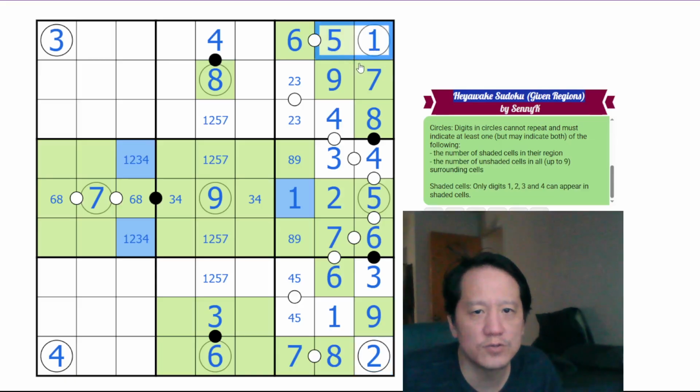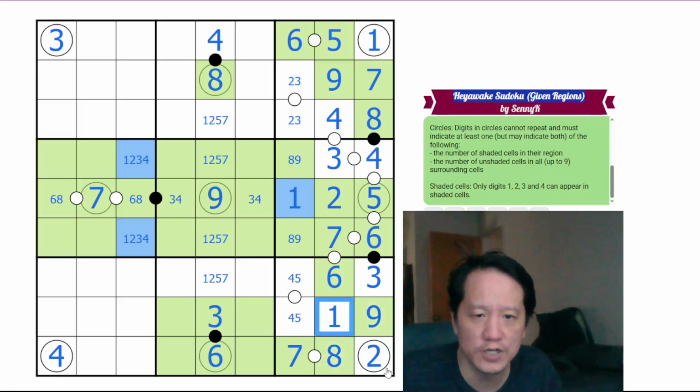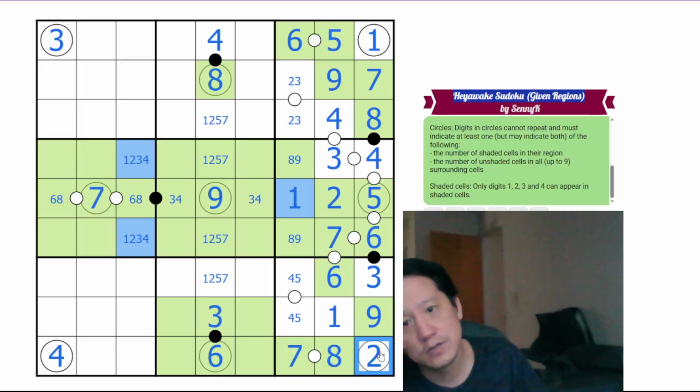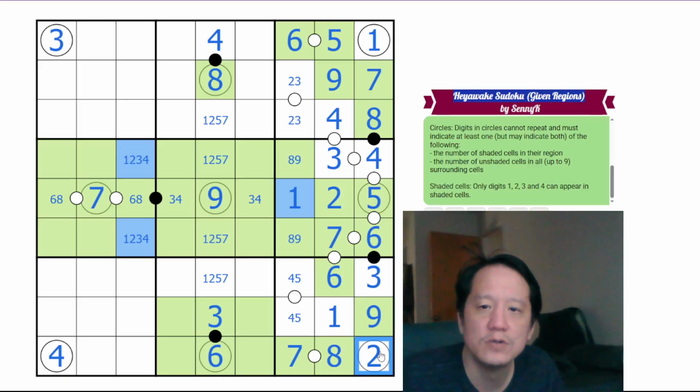This, okay, in the surrounding 3x3 area, the number of unshaded cells is 3. So this means there's only 1 shaded cell in this region. This could be 2, if this is shaded and shaded there. That's possible, because this would be unshaded too.